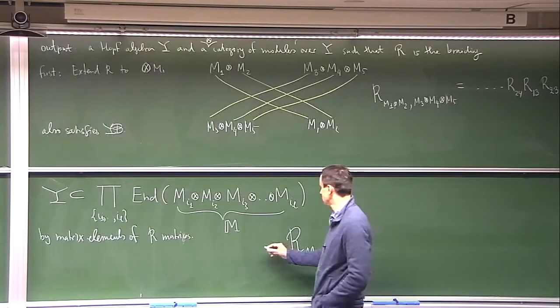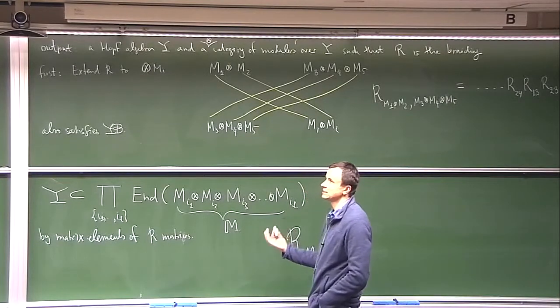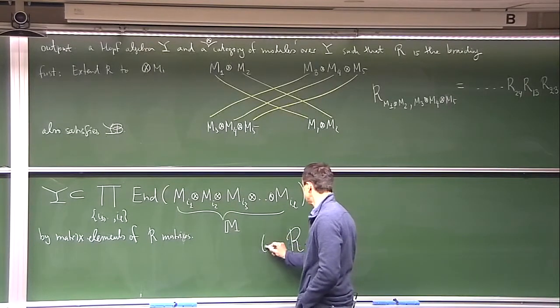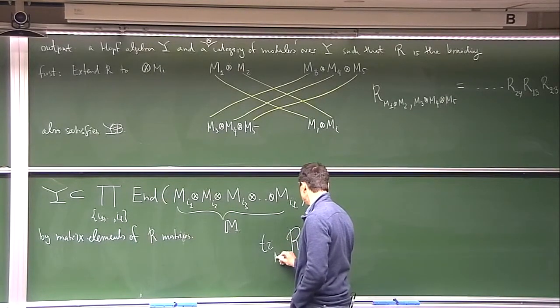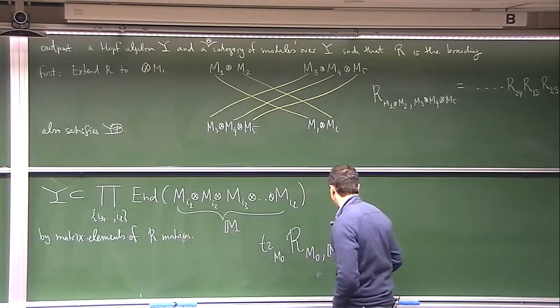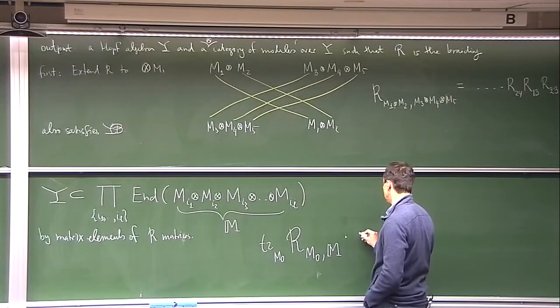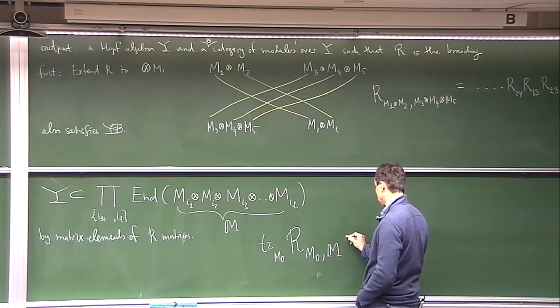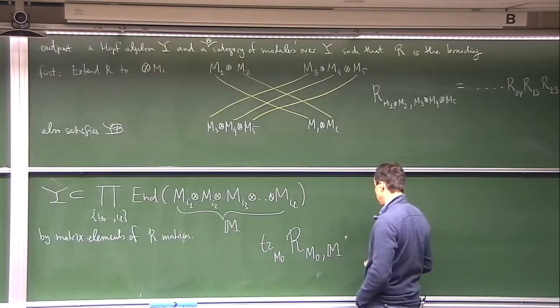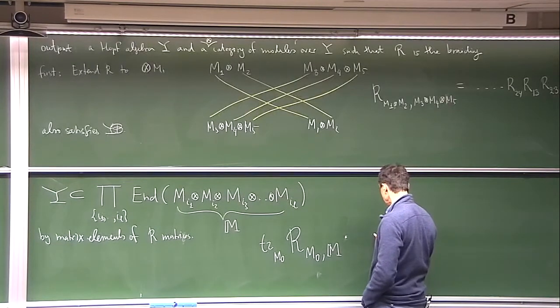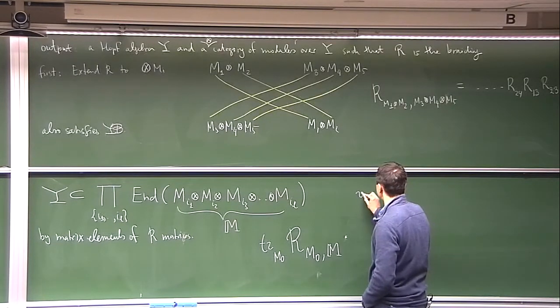What does it mean to take a matrix element? I take a trace over the auxiliary representation of this times a finite rank operator, some operator of the form, for example, an operator of rank 1. An operator of rank 1 would be given by some vector.